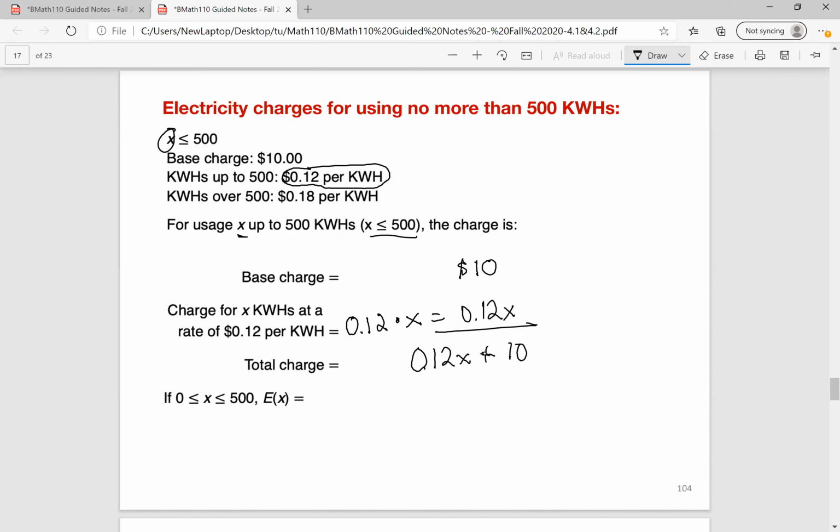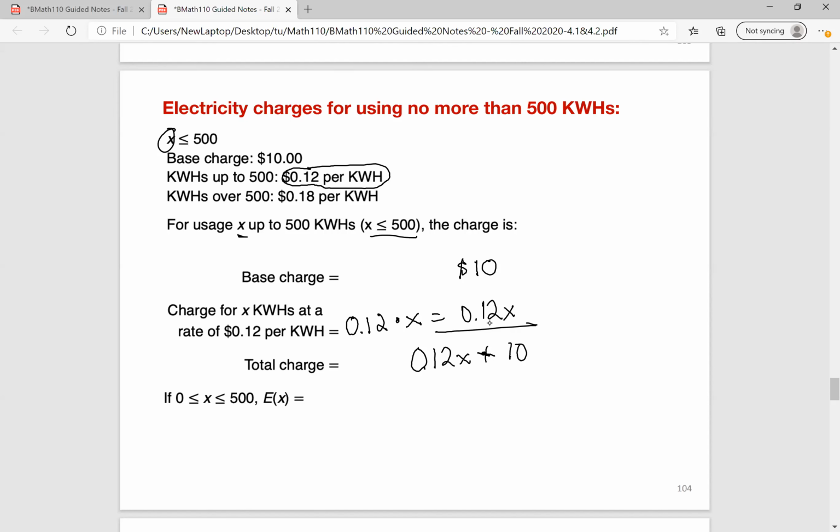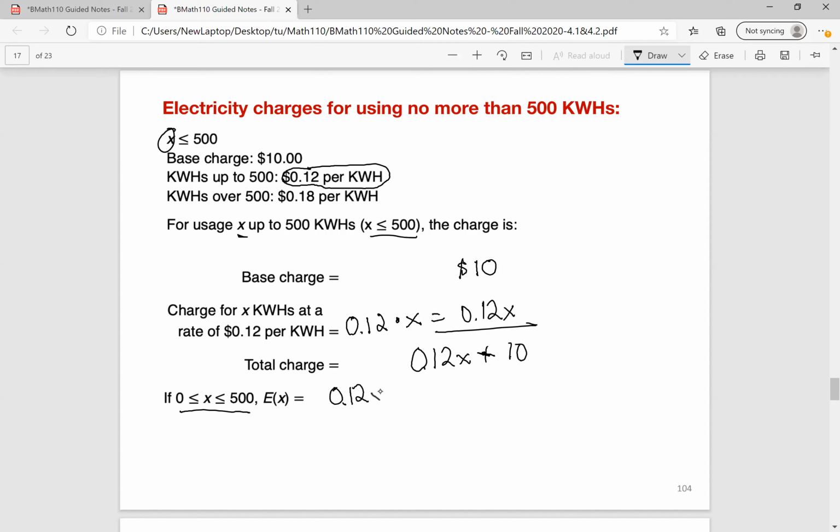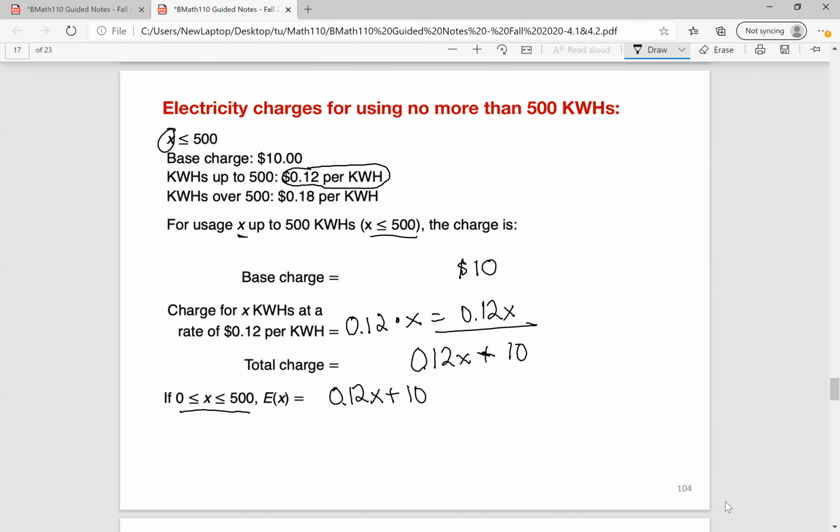I usually like to write the term with the variable first, then the constant term. Okay, so in conclusion, if X is between 0 and 500, the charge function will be 0.12X plus 10. Okay, so let's move on.